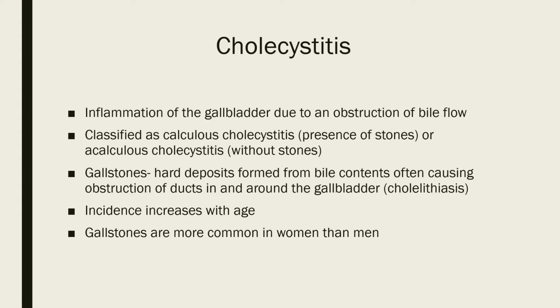And these gallstones are hard deposits that are formed from bile contents, often causing obstruction of the ducts in and around the gallbladder. And this is what we call cholelithiasis. The gallbladder is angry. It is inflamed. The incidence of cholecystitis will increase with age, and these gallstones are more common in women than in men.